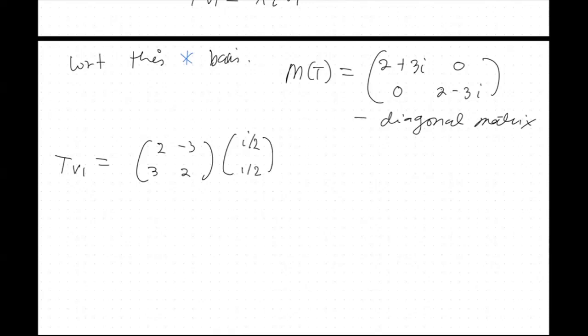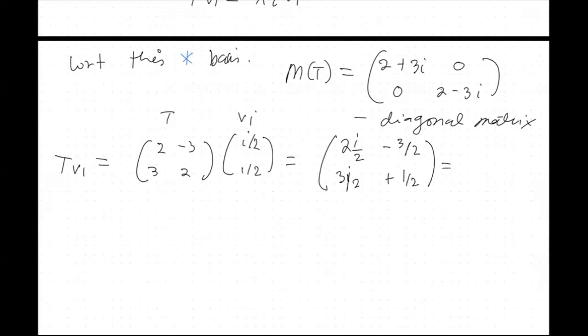So this is your V1, and this is our matrix of T. You get 2 times i over 2 minus 3 times 1/2, and the second component is 3 times i over 2, plus 1/2 times 2.